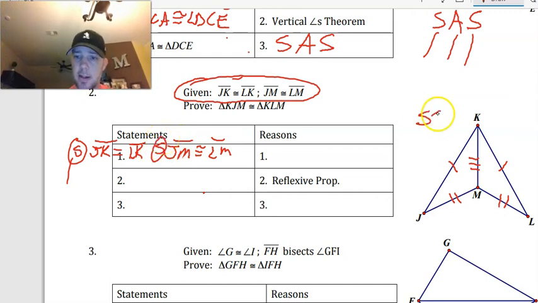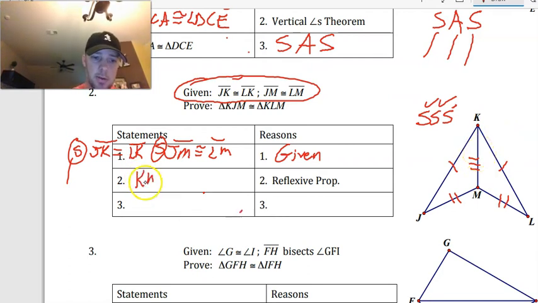We are going to be using side, side, side on this one. So there's 2 pieces that were given. The third piece that we were using, we got from the pieces here. So KM is reflected across to KM. So that's how we know we don't switch the order of those. And that's the reflexive property of congruence.